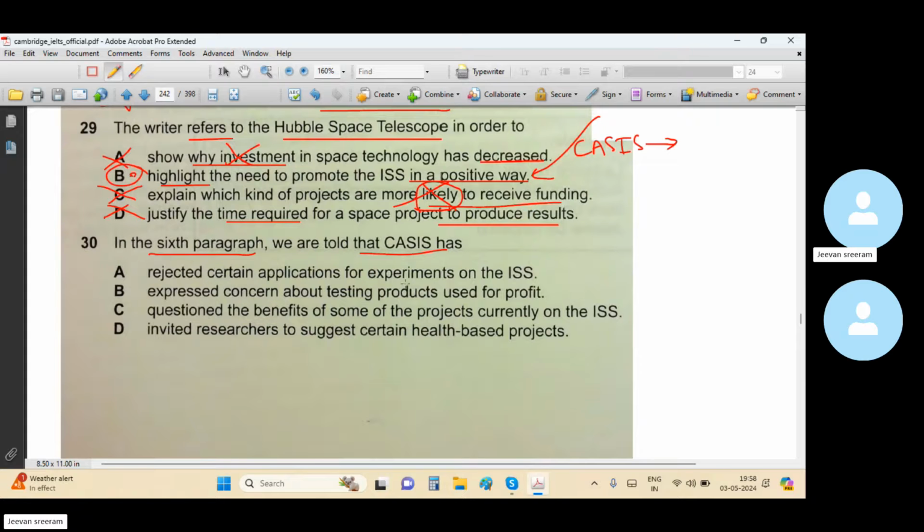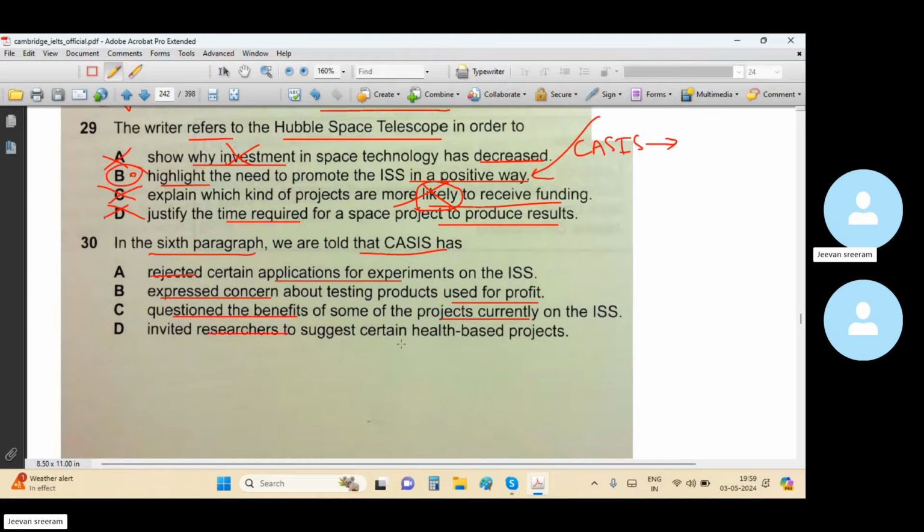Rejected certain applications for experiments. Expressed concern about testing products used for profit. I think I can see that sort of concern or worry. Question the benefits of some of the projects currently on the ISS. Has it questioned? I don't think so. Questioned is enough to eliminate C.